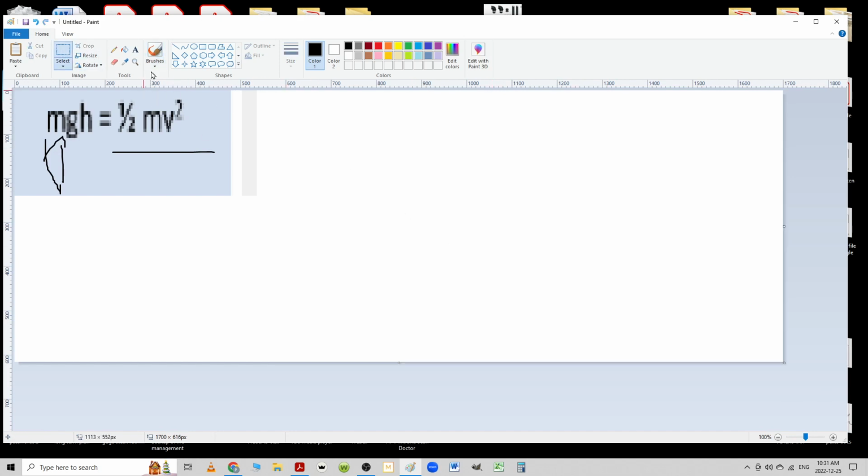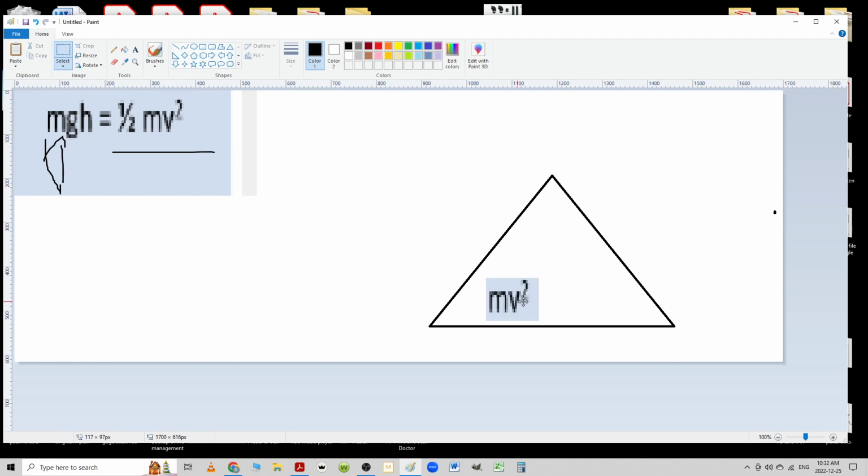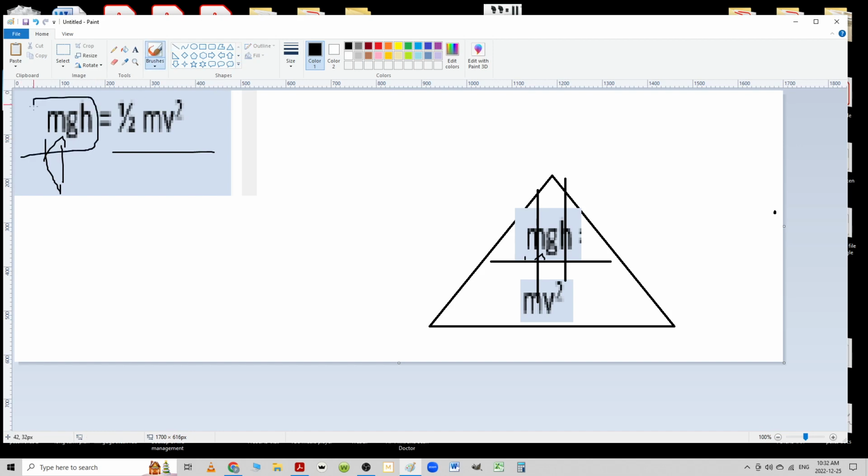So if you had to solve something on the other side of the pyramid, you'd want to put these things down here and these things up here. And then you divide your lines. So that's the only time this pyramid thing doesn't work, is when there's multiple variables on both sides of the equation.